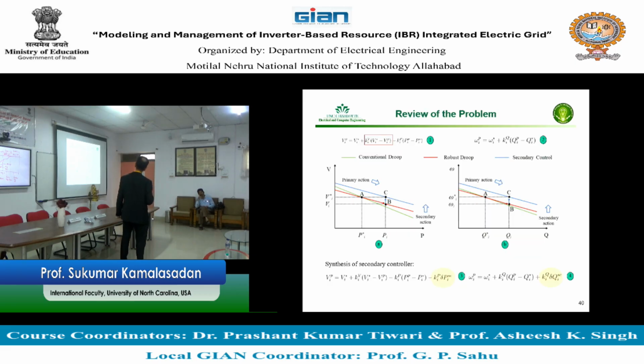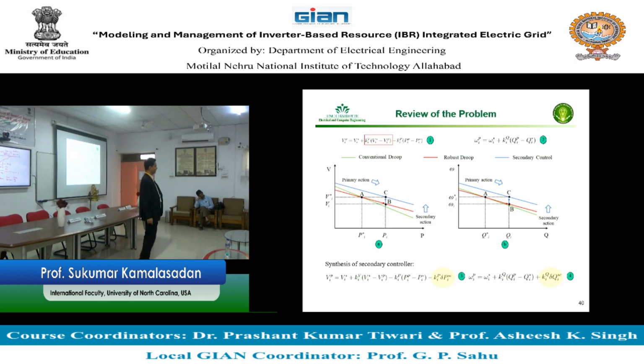So this secondary controller, what we observed is that if you do the droop control, so this is a droop. By the way, another thing which I wanted to mention: in the electric distribution system, P is not related to omega. In the electric distribution system, P is related to V. That is because the impedance of the electric distribution system has a very high resistance and low reactance.